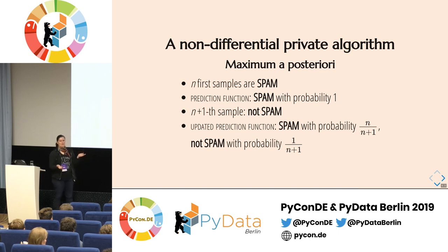And for spam or not spam, it's not something sensitive. Now imagine that it's not about spam or not spam, but HIV status. You definitely want to protect the information that the last user, or even the last couple of users, might have HIV.